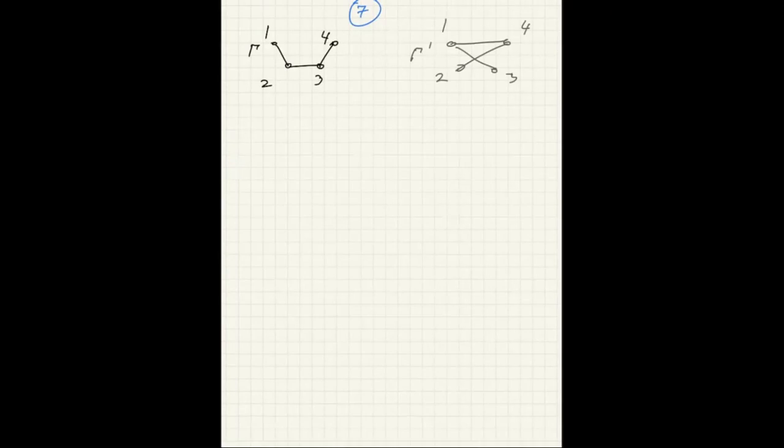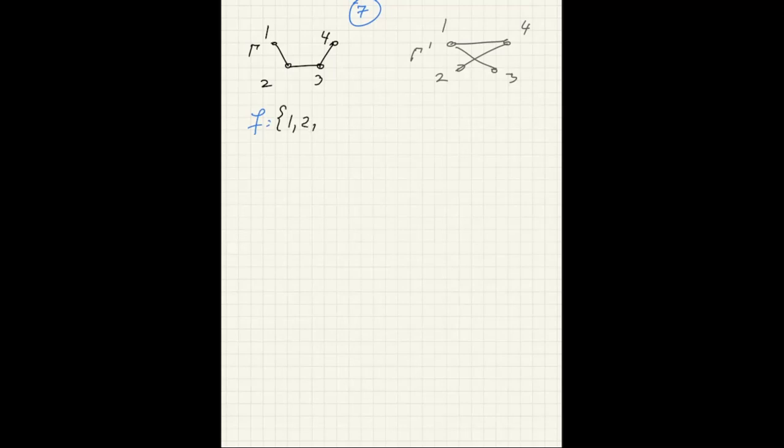So the graphs look similar, but in order to show that they're isomorphic, you have to come up with a function F from the vertex set of gamma, which in this case, I took both vertex sets to be the same.